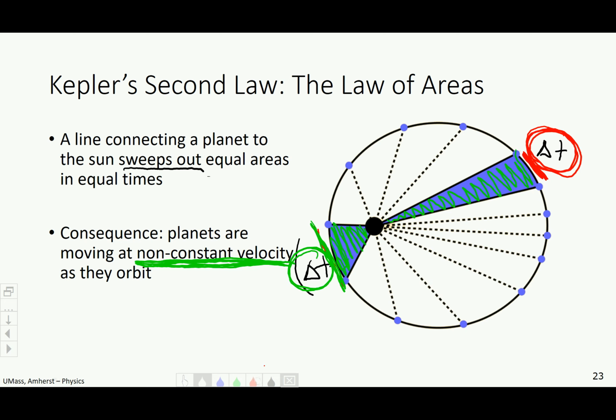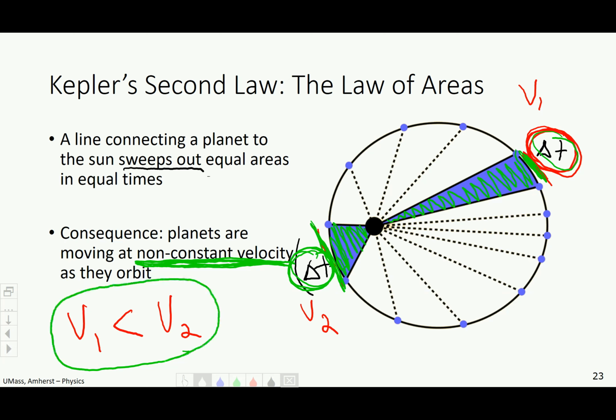So if I write this out, here's v1, v2. v1 would have to be less than v2 because it has less distance to cover in the same time, because these must be the same time. This also means that we have greater angular velocity over here, but we haven't talked about angular velocity yet. So linear velocity is all we have to care about right now.